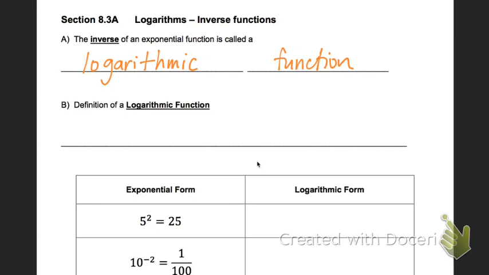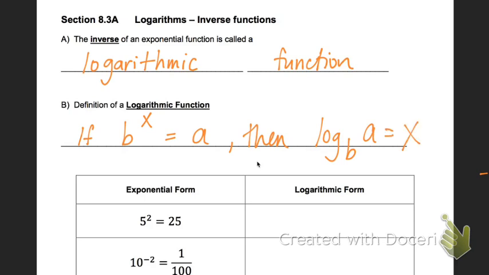So the parent function for exponential: if b to the x power equals a, like a number, I'm going to call a another number, so we've got a and b and x, then the inverse of that is log base b of a equals x.